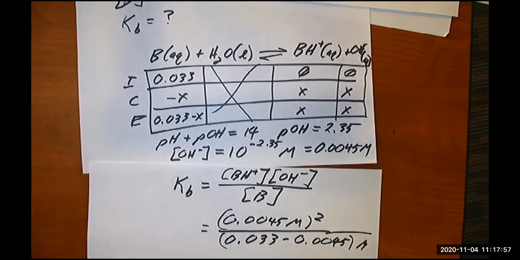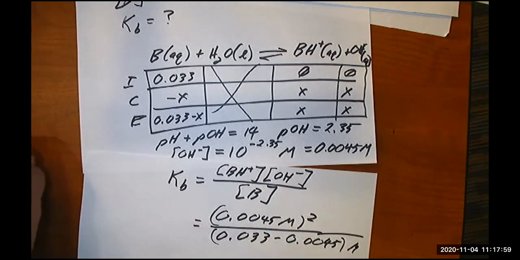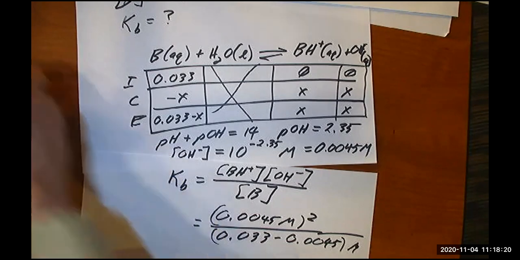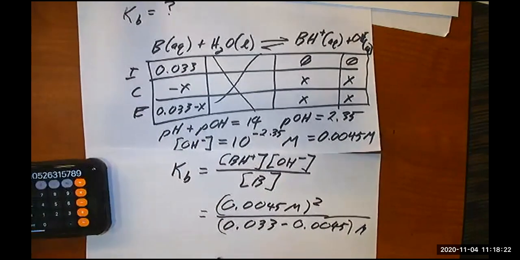So 0.0045 squared divided by, I'm going to open parentheses, 0.033 minus 0.0045, close parentheses, equals, and we get 7.11 times 10 to the negative 4.